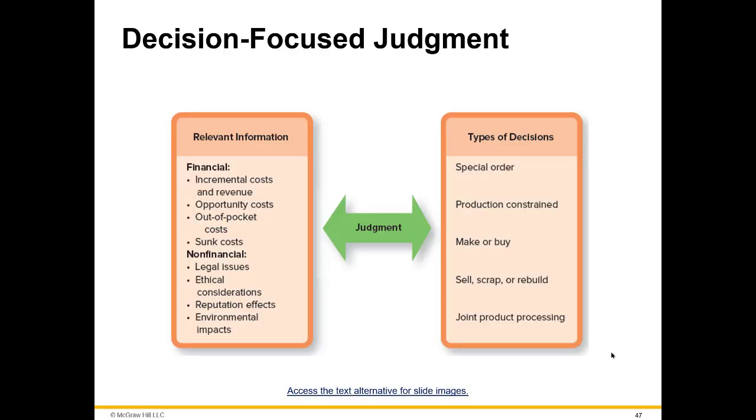Okay, so these are all looking at the various sources of information: what is relevant, what is not relevant, what are the relevant financial, the relevant non-financial, things like legal issues and ethical issues, all to make these various types of incremental decisions.